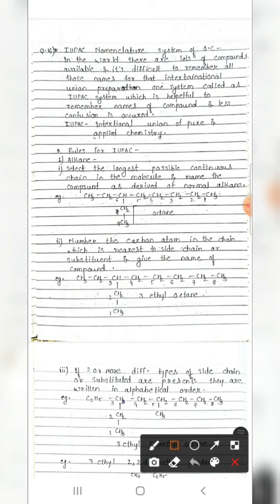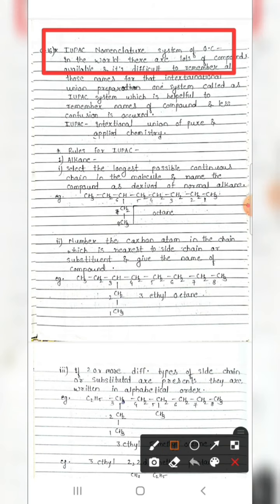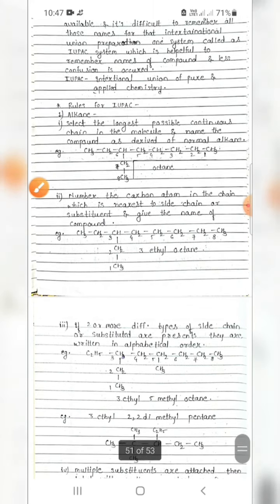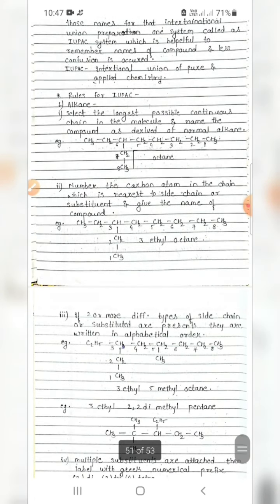Then next question, that is IUPAC nomenclature system of organic compound, that is International Union of Pure and Applied Chemistry. You have to also discuss its rules for IUPAC.